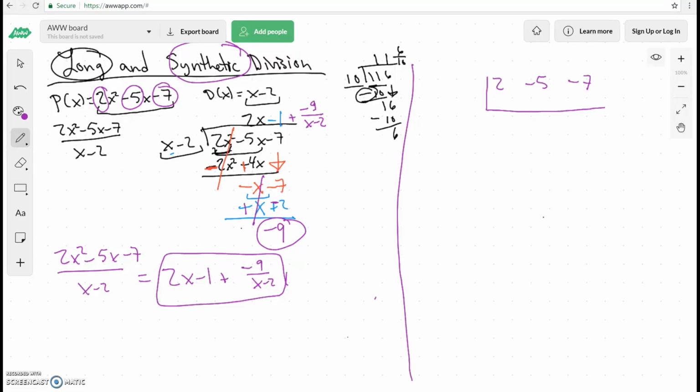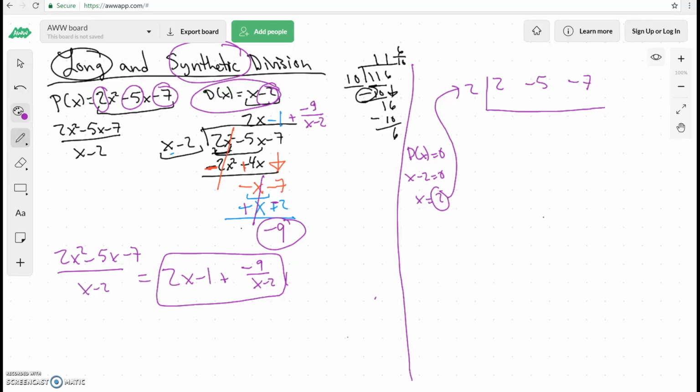And now we're going to set our divisor equal to 0. So our divisor, the d of x, I'm going to set it equal to 0. So x minus 2 equals 0, so x equals 2. And this 2 is going to go right here. You can think about it as this 2 actually changing sign over here.